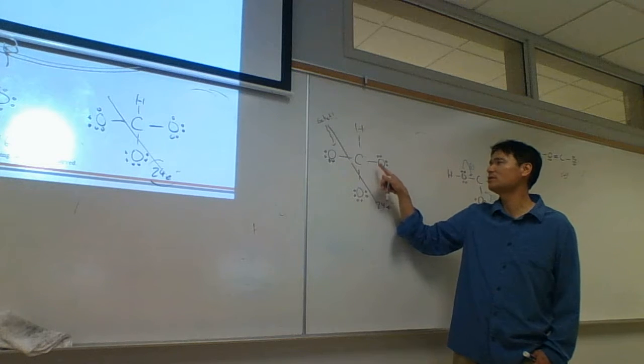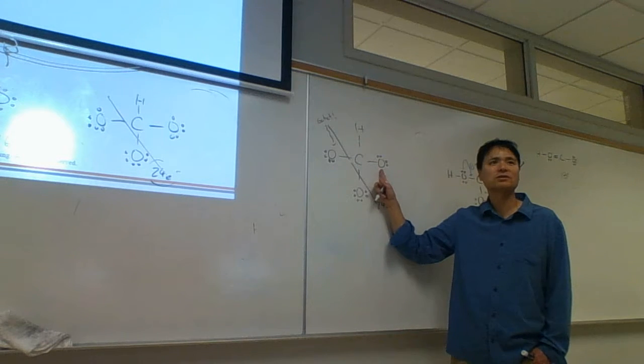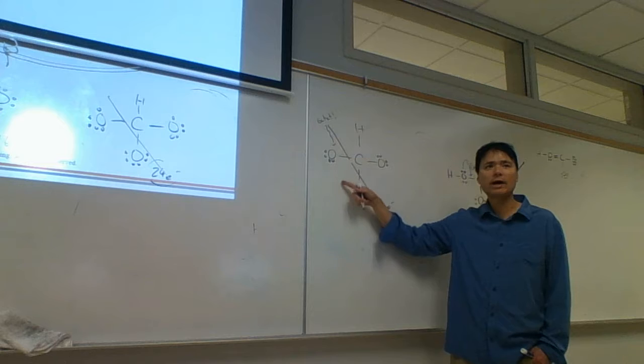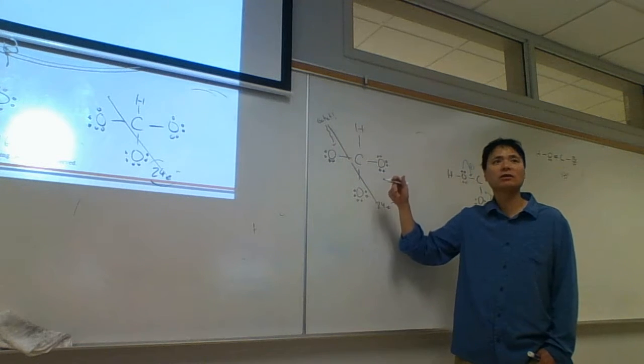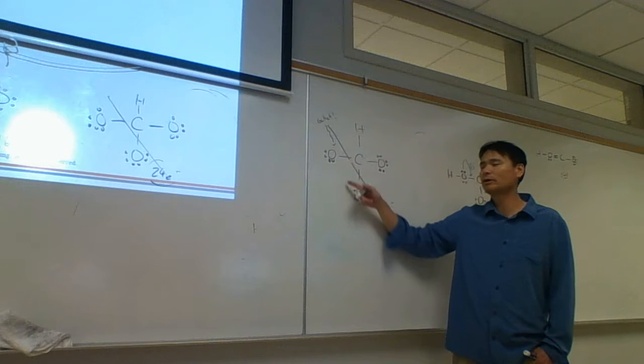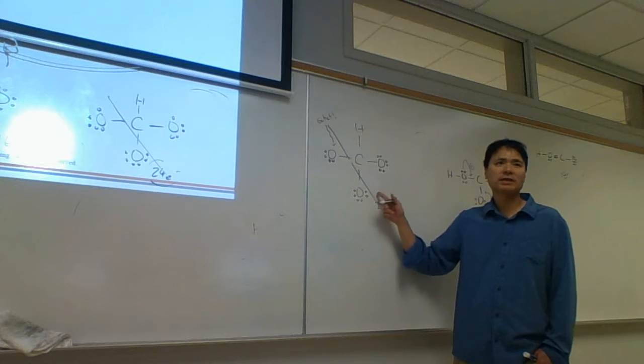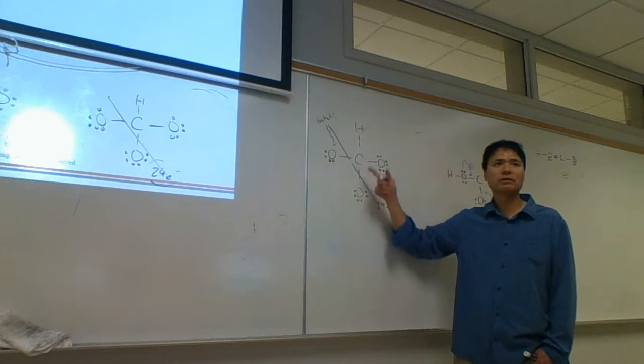If I take it off this oxygen and put it over here, then this oxygen is going to not have an octet. You could play around with this for a half an hour or an hour, and there's no way you're going to rearrange the electrons so that everybody's happy. You can't do it with this structure.